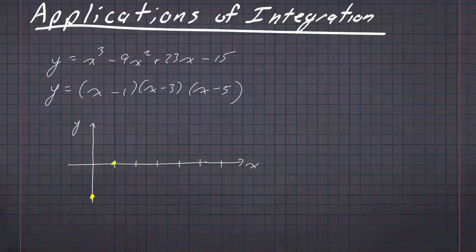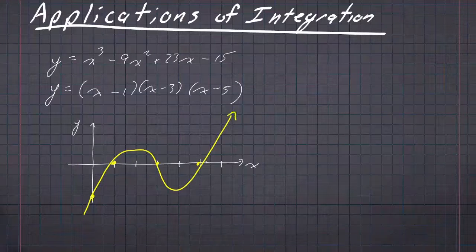We have x-intercepts at 1, 3, and 5. They all have multiplicity of 1. So we're going to pass through, looking something kind of like that. And to calculate the area, we'll be looking at the part here, and we'll be looking at the part here.